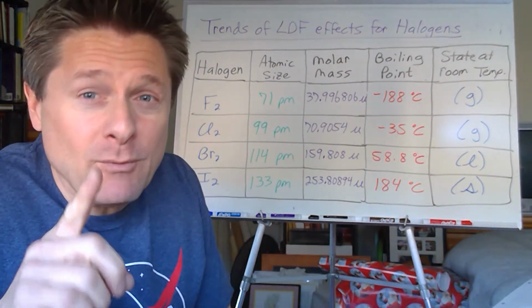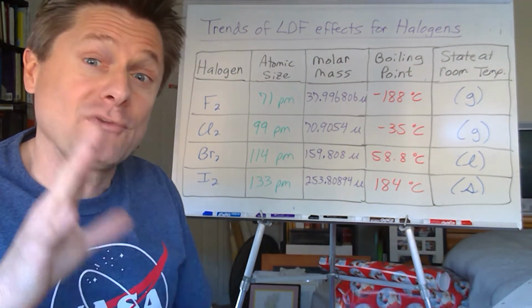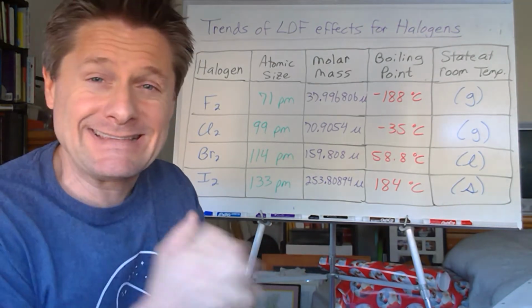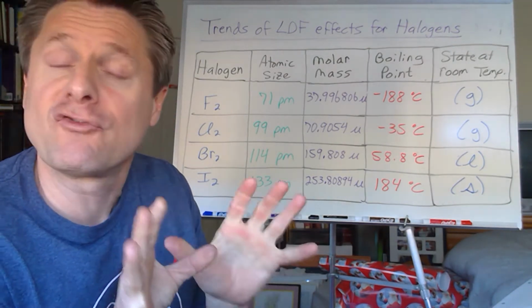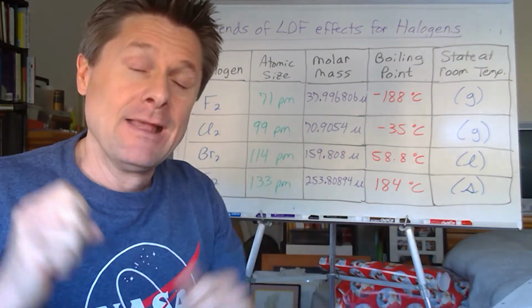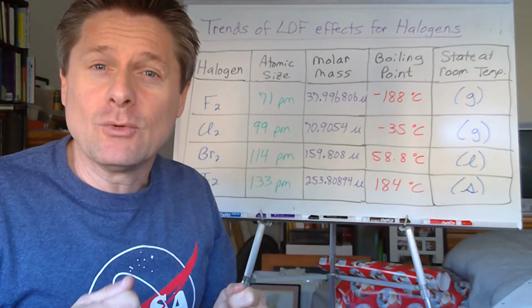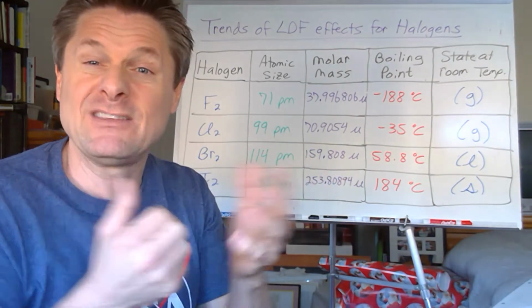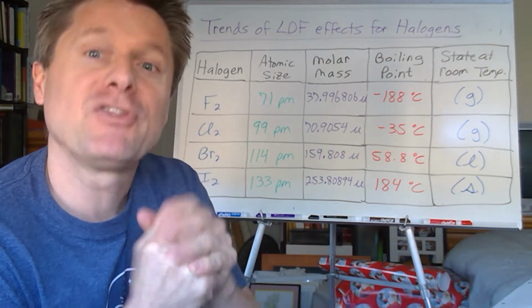There's another effect we have to look at, because remember, intermolecular forces are based on how close you can get to them, right? So it's not necessarily just molar mass. That works for most scenarios. But we're also looking at the size. So when you get to organic molecules, you can get to some weird scenarios where you may have 2 different species with the same molecular formula, but they're connected differently.